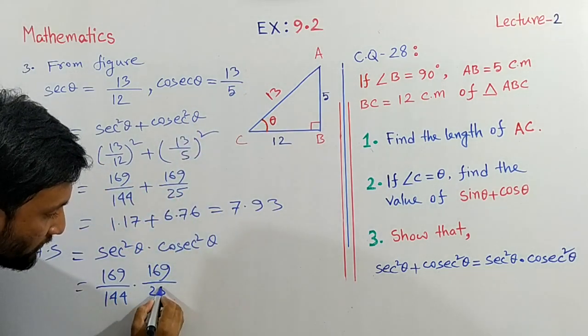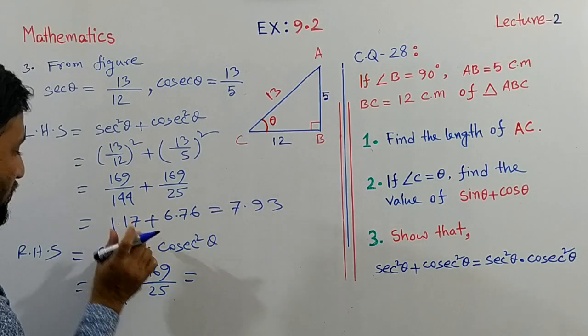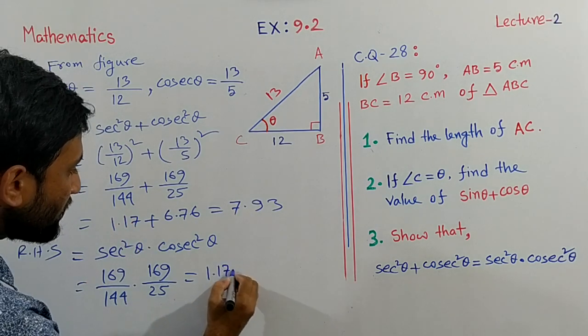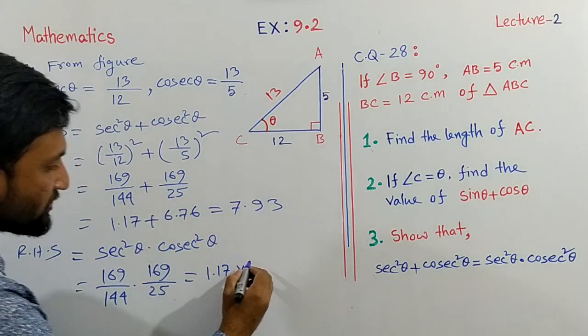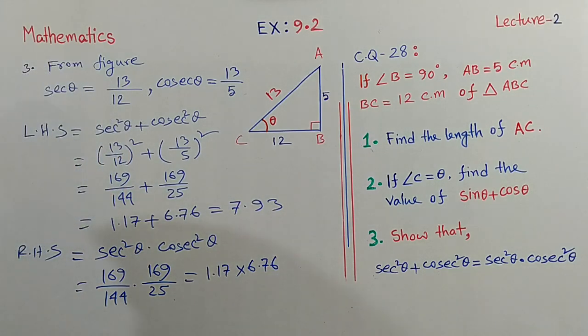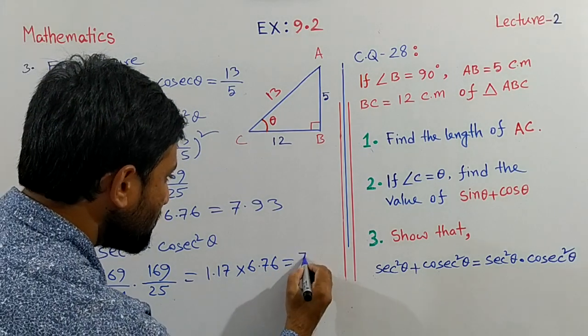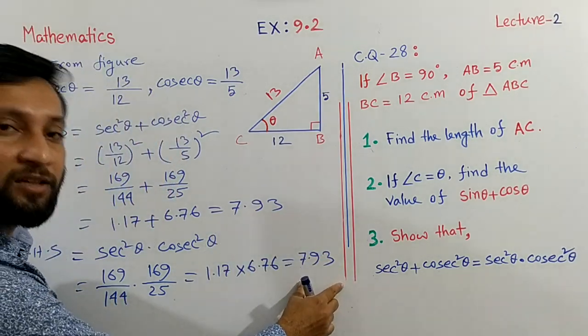So 169 divided by 144 is 1.17 into 169 divided by 25 is 6.76. So the value is 7.93. That means left hand side and right hand side are equal.